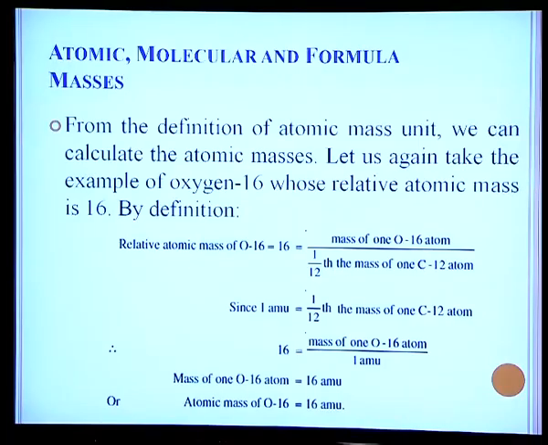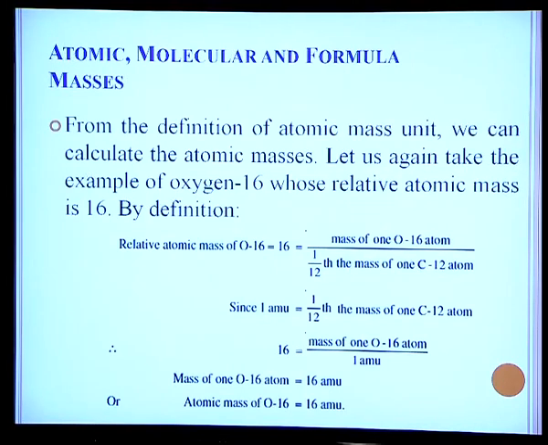Now, atom, molecule and formula masses. From the definition of the atomic mass unit, we calculate the atomic masses. Let us again take the example of oxygen-16, whose relative atomic mass is 16. By definition, the relative atomic mass of O-16, 16, is equal to the mass of an O-16 atom divided by 1/12 of the mass of the carbon-12 atom.